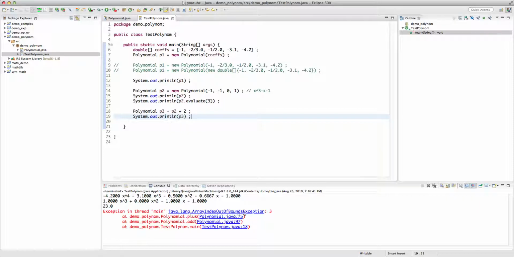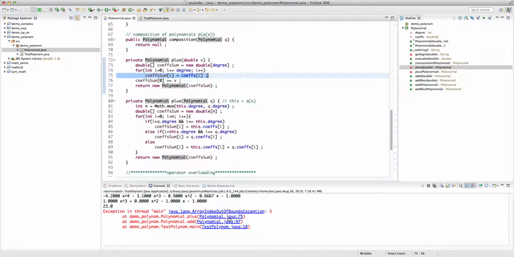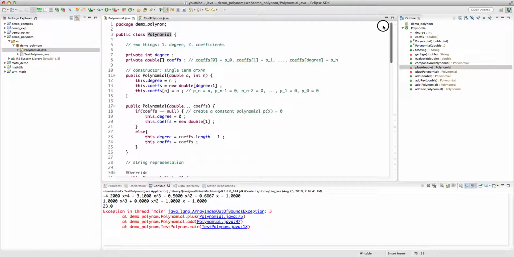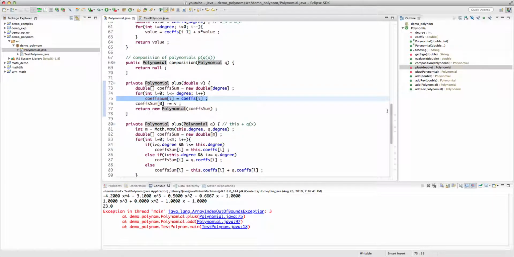So we get an array index out of bound exception, and when i is degree, so coefs are, okay, degree plus 1.